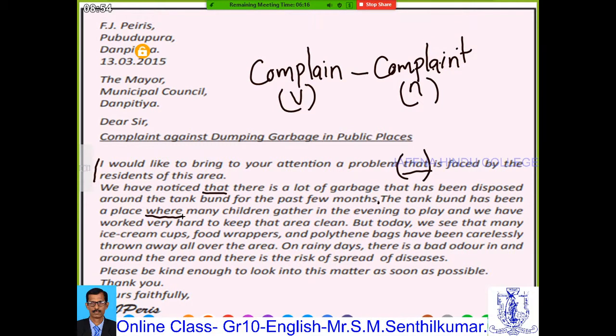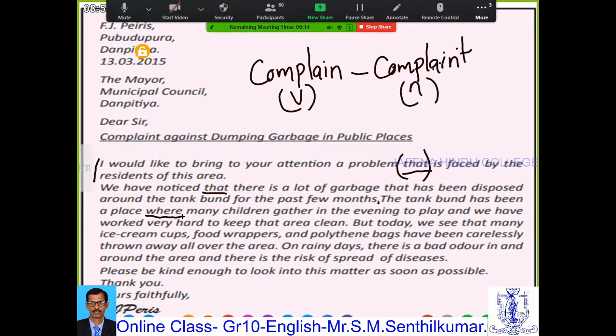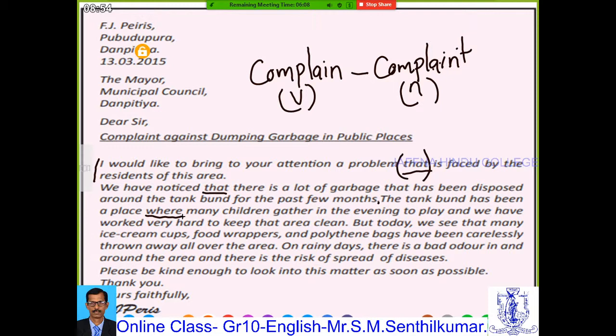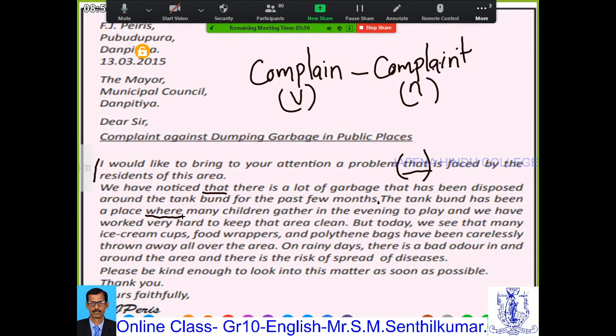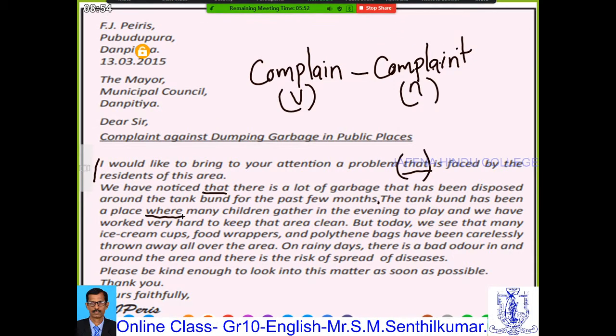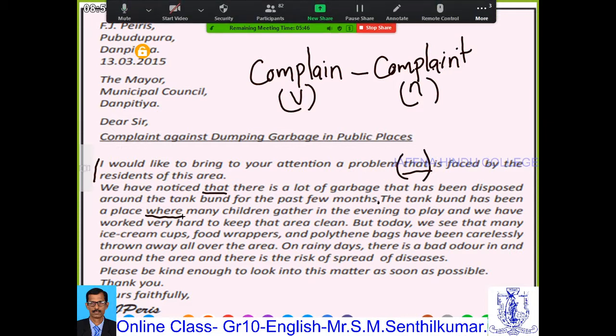But today we see that many ice cream cups, food wrappers, and polythene bags have been carelessly thrown away all over the area. On rainy days, there is a bad odor in and around the area, and there is the risk of the spread of diseases.